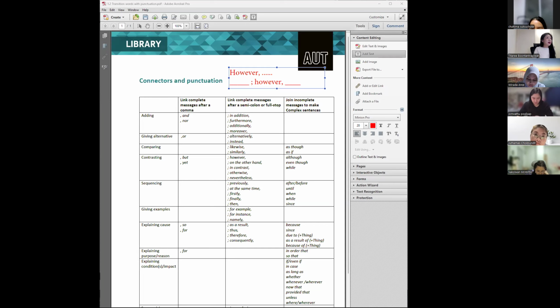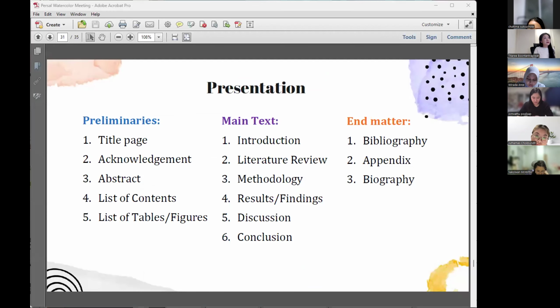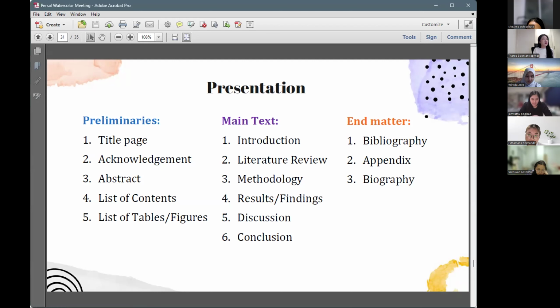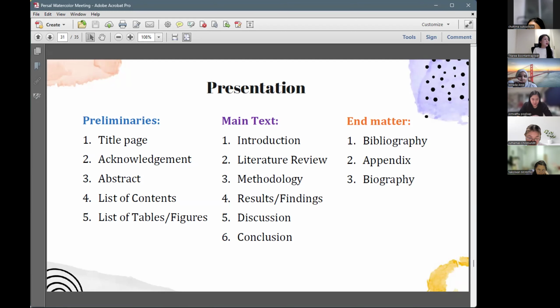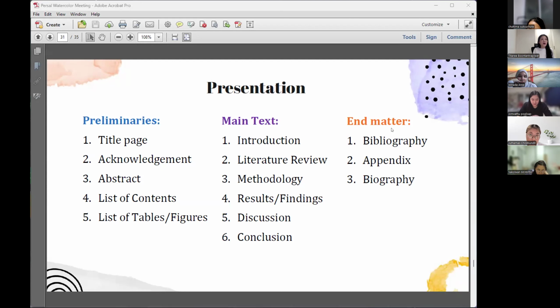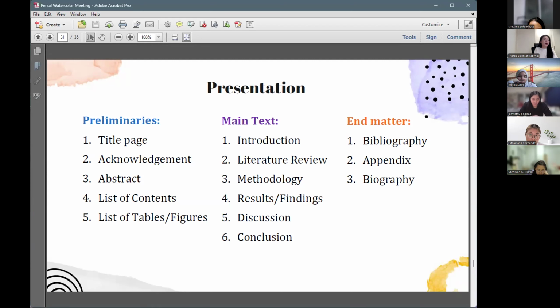And last but not least, at the very end of the slide is going to be this one. So the presentations here, technically, are what we will do in the next 3 weeks.